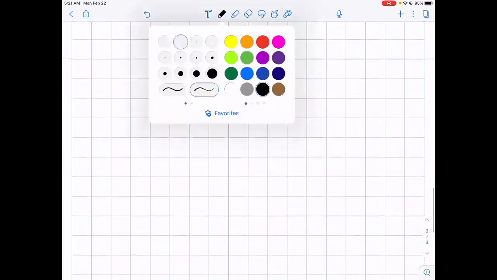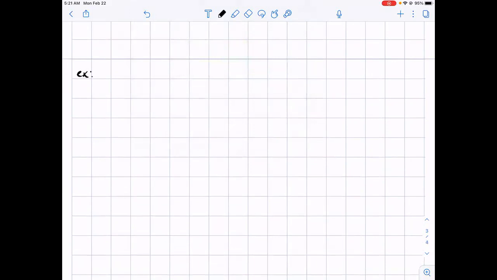Let's look at this example. Combine 3 radical 8 plus 5 radical 18. Now, if you pay attention to this, the index are not the same.